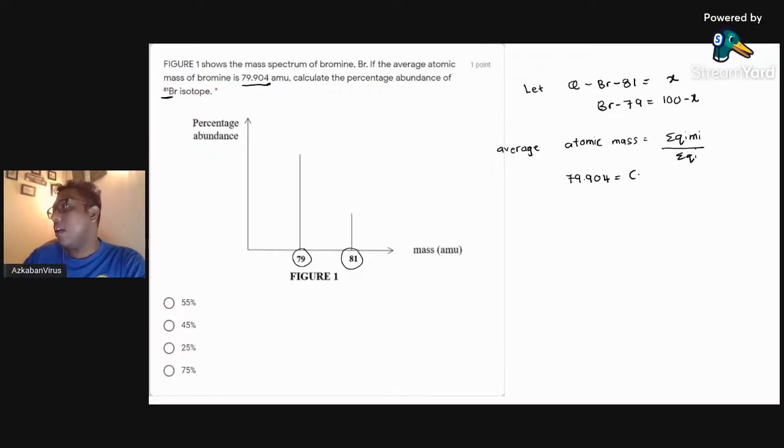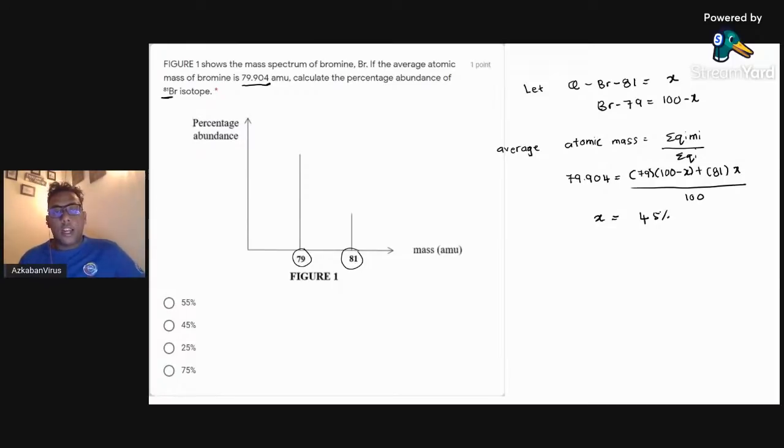Jisim kita adalah untuk ni adalah 79 darab dengan 100 minus X tambah dengan 81 darab X bahagi dengan 100, you akan dapat you punya X is equal to 45%. Okay, you punya X is equal to 45%. Alright, boleh faham setakat ni? Okay. Itu adalah yang kedua.